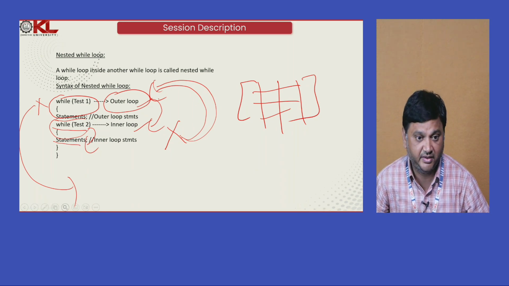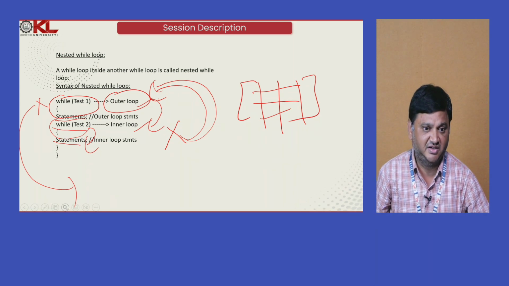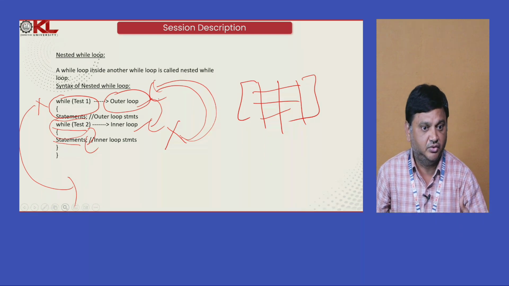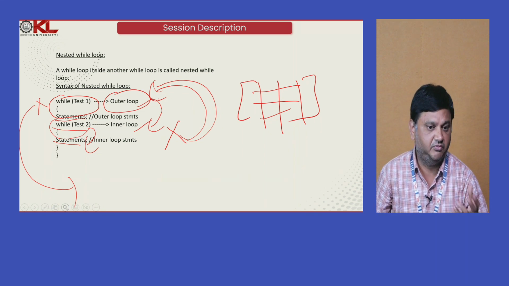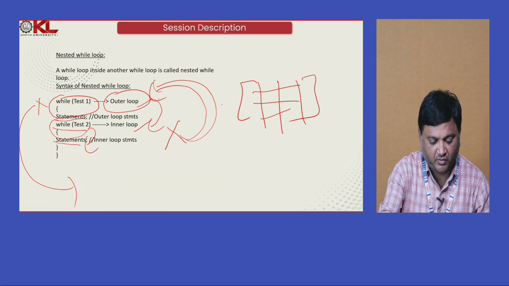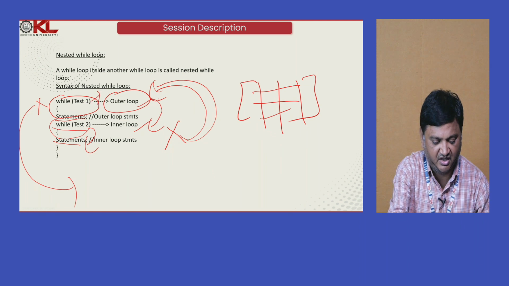Remember, this is a very important point, because this is the first time you are learning nested loops, so once again I'll tell you how a nested loop is evaluated. First, it checks the outer while loop condition. If this is satisfied, it goes to the inner while loop.